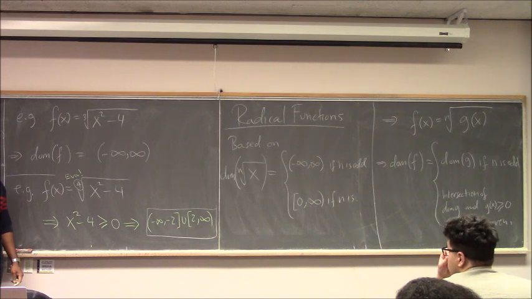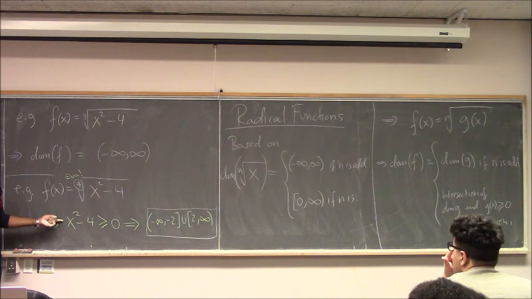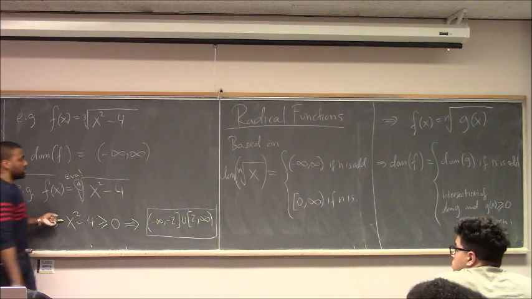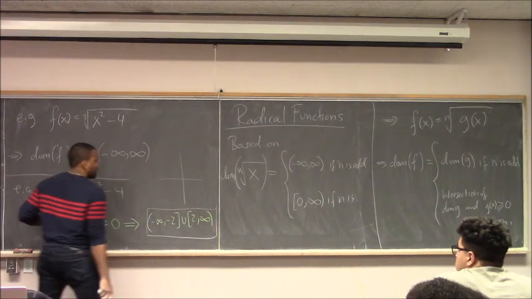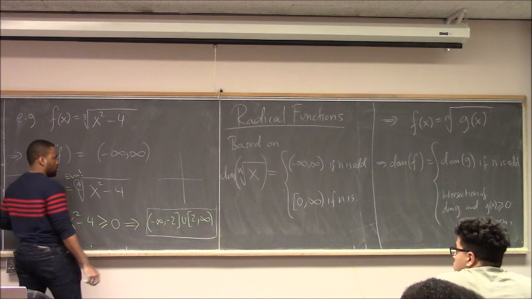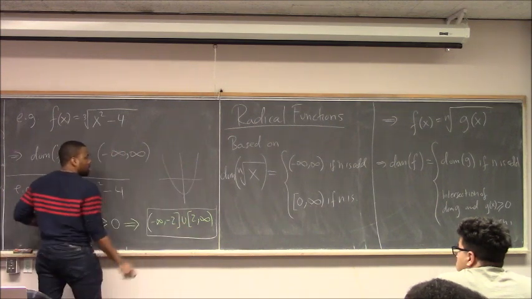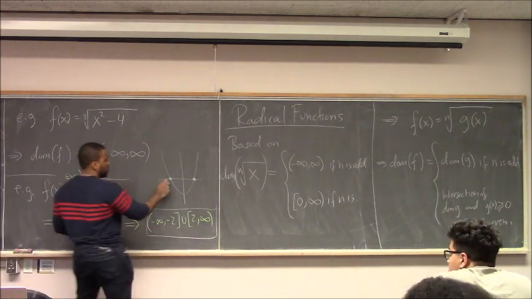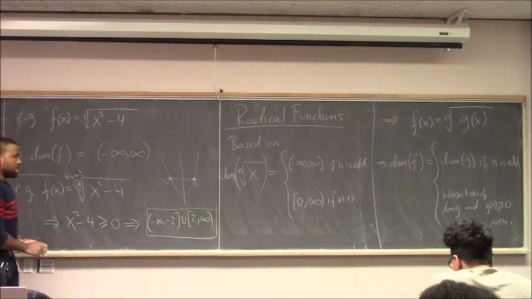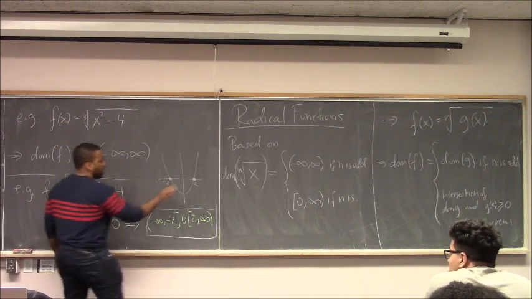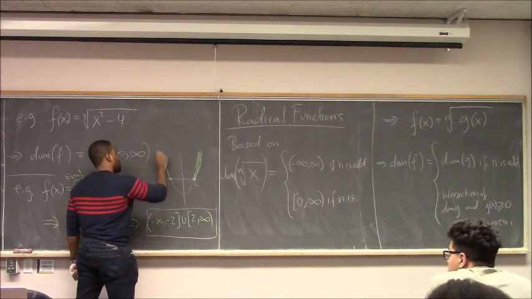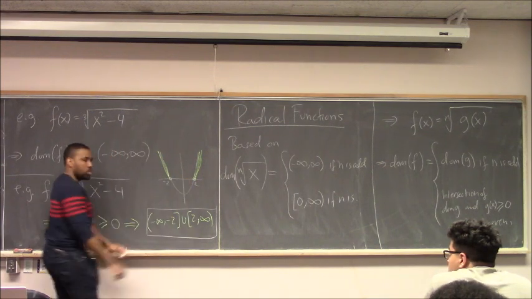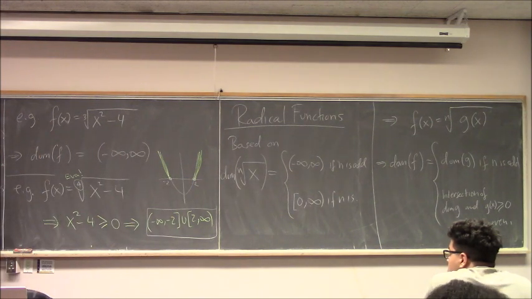What will the graph of this look like? The graph of this would look like that. If I set it equal to 0, I can use the difference of squares and solve for x equals minus 2 and 2. But I realize that if I want it to be greater than or equal to 0, I want these parts here. In between 2 and minus 2 I don't want, but outside of them I do want.